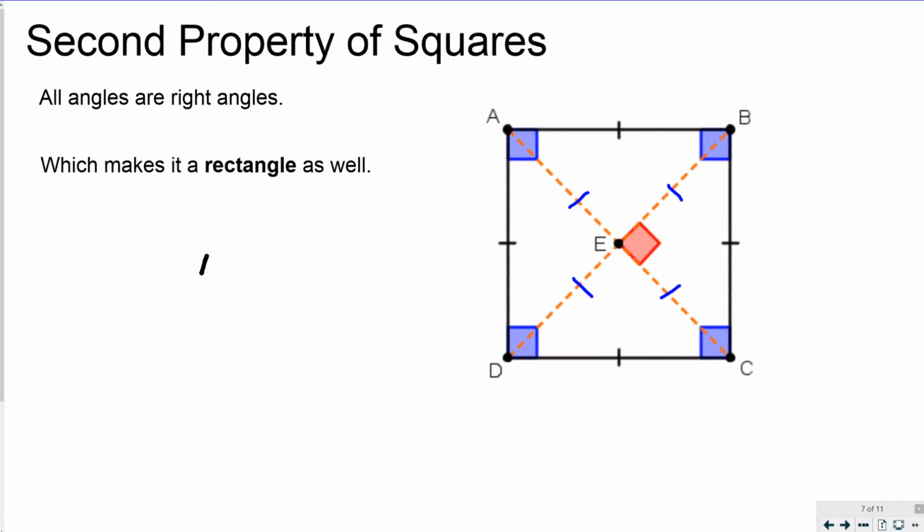So it's also AE is congruent to EC, which is congruent to DE, which is congruent to BE, and then also AC, the long diagonal, is congruent to DB, the long diagonal.